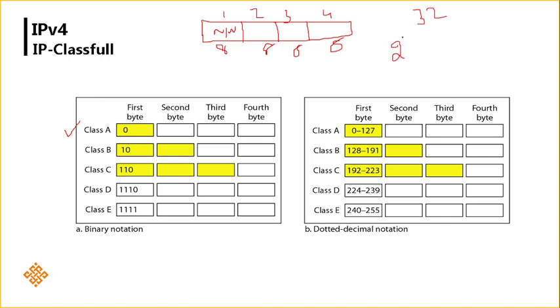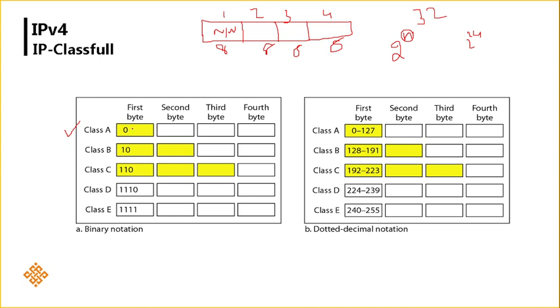It is 2 power n systems, where n is the number of host ID bits. Here we have 24 bits, so 2 power 24 systems we can connect using class A. Here in class A, the yellow color is the network ID, which is 8 bits, and the remaining 3 blocks are host IDs, that is 8, 8, 8, 24 bits. This is the class A representation.